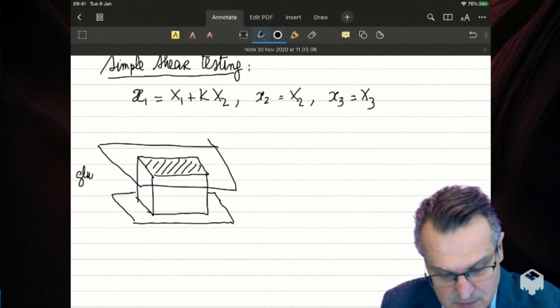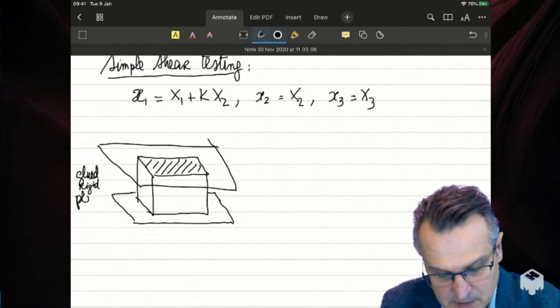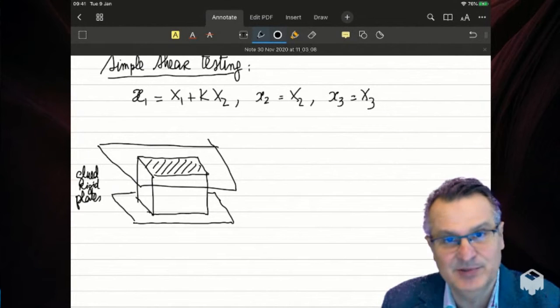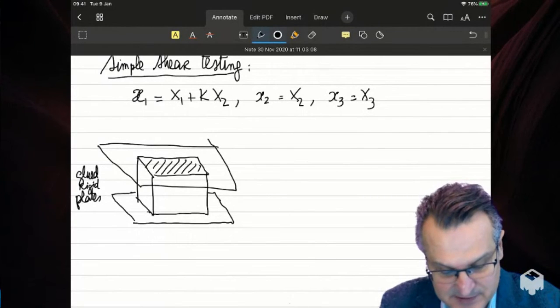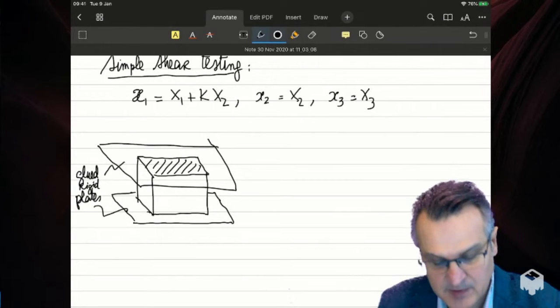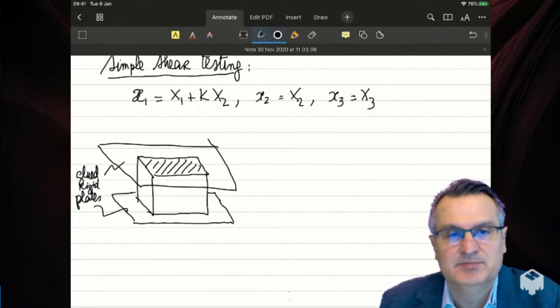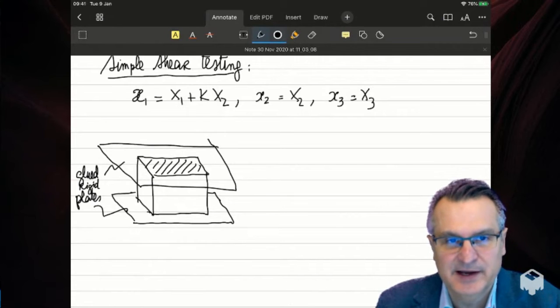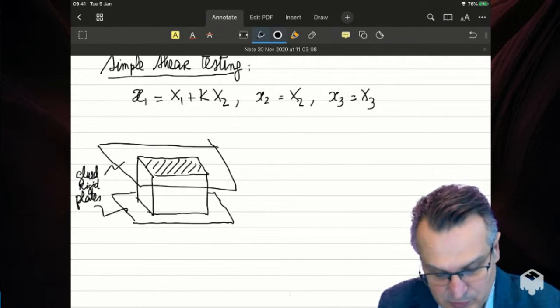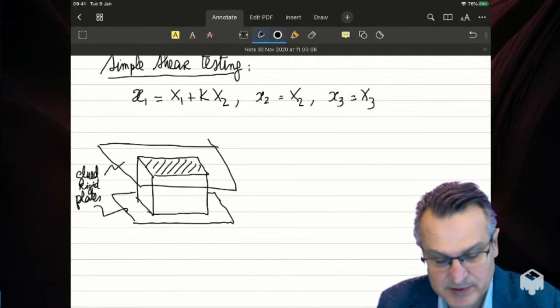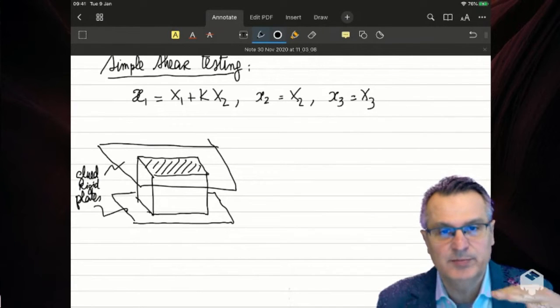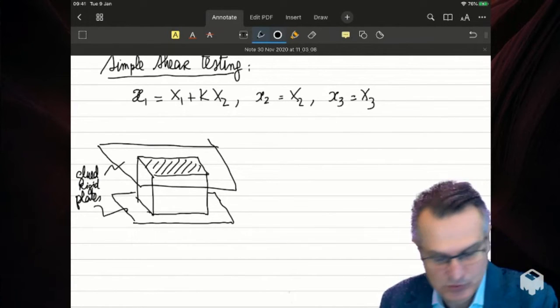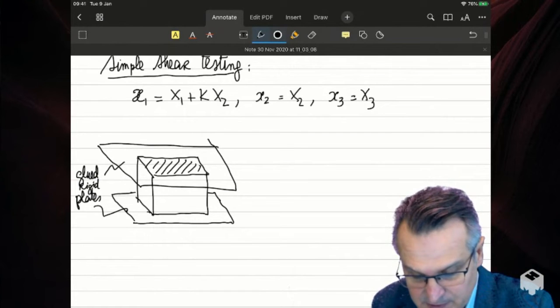Yeah, you don't take elastic plates because then that would make everything messy or complicated. Typically you take plates made of metal, and the bottom one is fixed and the other one moves parallel to the other one to create a deformation like this.